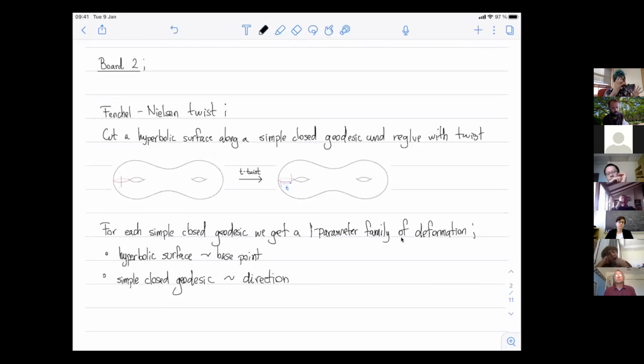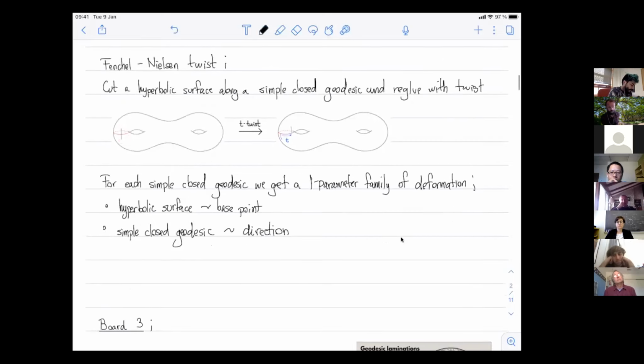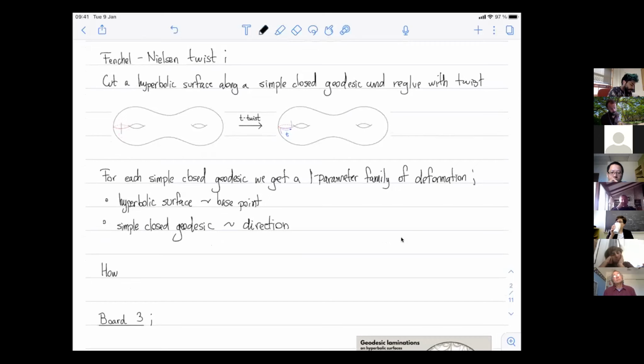The example we always have of flows is some flow on the unit tangent bundle of a manifold, and here we would like a similar picture. We want a flow on a sort of unit tangent bundle over moduli space. So the question is how to extend these deformations to a bundle.